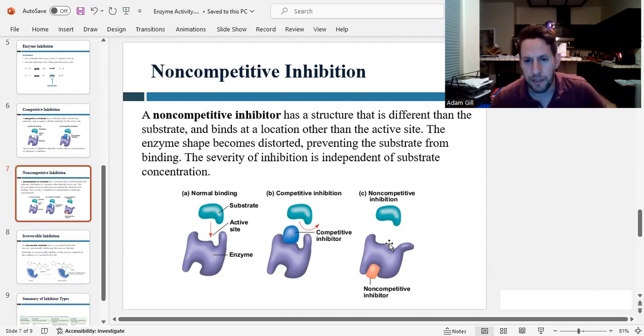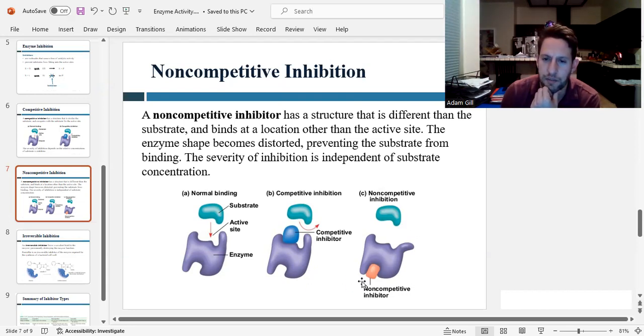And the reason why it blocks the active site, even though it's not binding the active site, has to do with conformational changes of the enzyme. When the non-competitive inhibitor binds on the outside, the entire enzyme induces a different fit to try and fit the inhibitor. And when it induces that fit in the other direction, the active site opens up and it's too open, and now the substrate can't bind anymore.